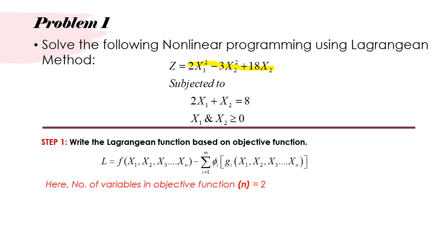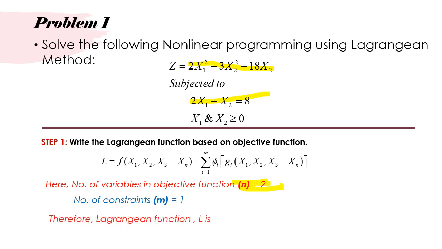Of course here in my objective function, I have two variables. My n is equal to 2. And I have one constraint, so my m is equal to 1. So my Lagrangian L will be equal to 2x1 square minus 3x2 square plus 18x2 minus phi.